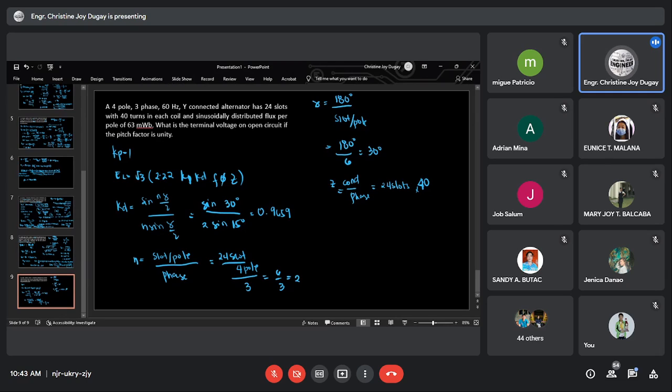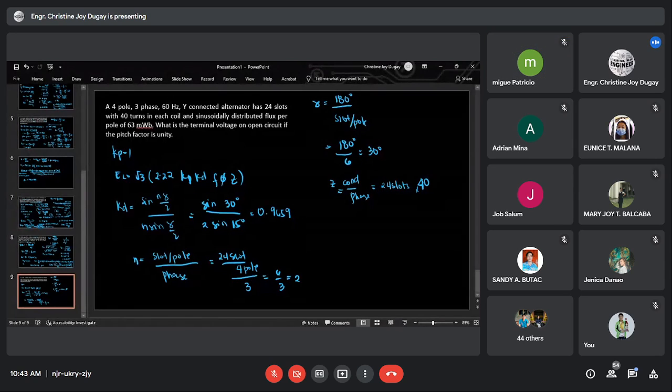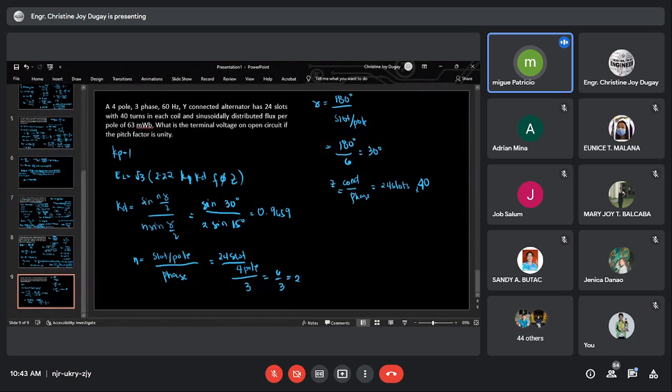So ibig sabihin, yan na ang number ng 40 turns in each coil. Times 2 po ata? Times 2 pa ba natin? Di ba divide? Times 2 kasi the two conductors sa isang turn. Diba 40 turns in each coil?